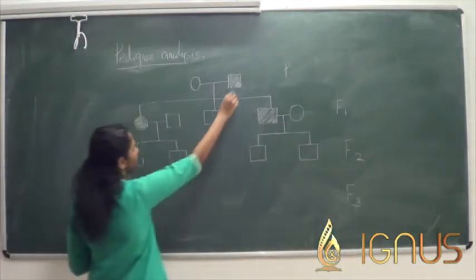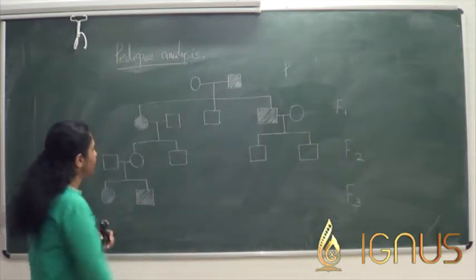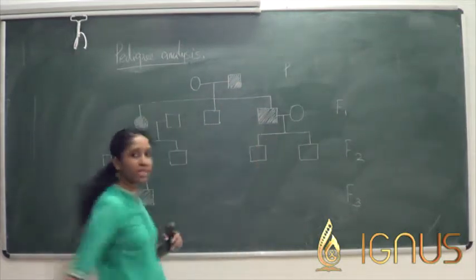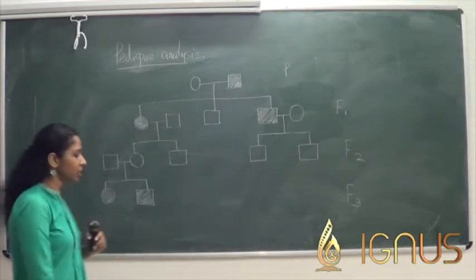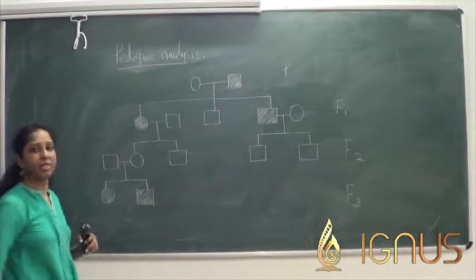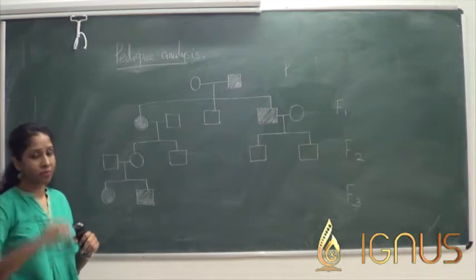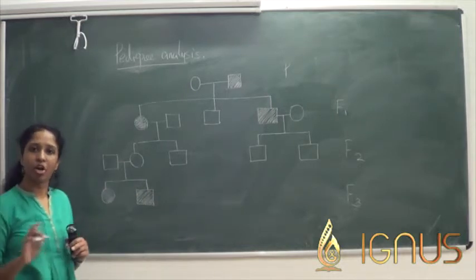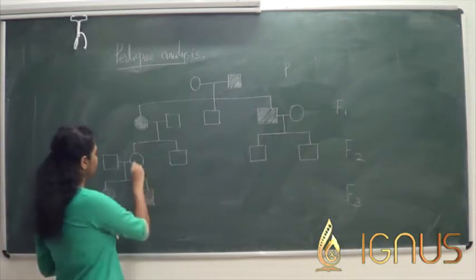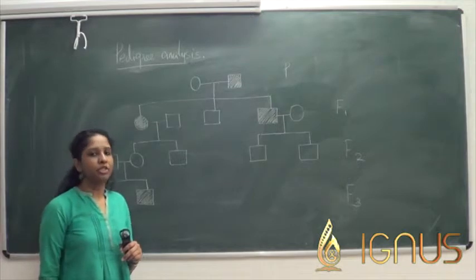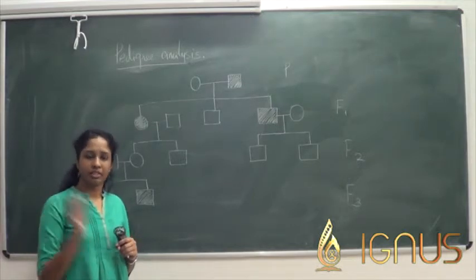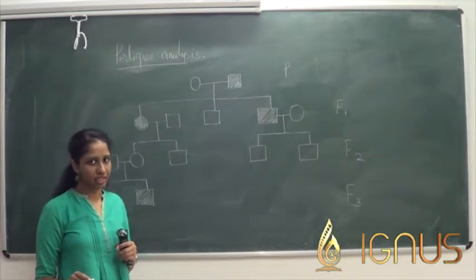Now, you have one affected person in the parent generation, you have two affected people in the F1 generation, nobody affected in the F2 generation, then you have affected people in the F3 generation. So, this kind of inheritance cannot be dominant because one generation does not have anybody affected. So, the consensus can be that this is a recessive sort of inheritance.